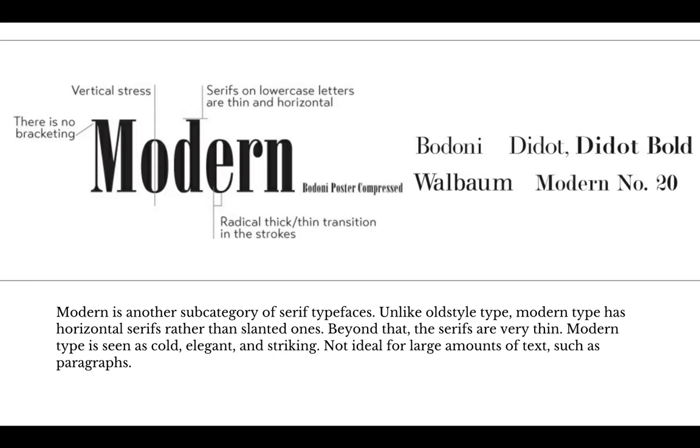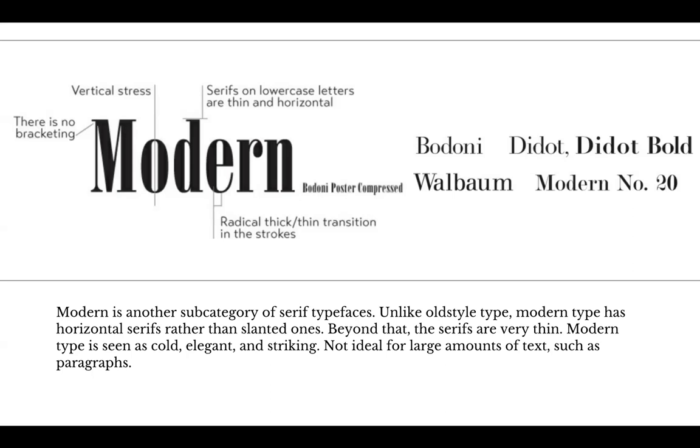Unlike old style type, modern type has horizontal or flat serifs rather than slanted ones. Beyond that, the serifs are very thin. As a result, modern type is seen as cold, elegant, and striking. Because modern type is so stylized, it is not ideal for large amounts of text, such as paragraphs.